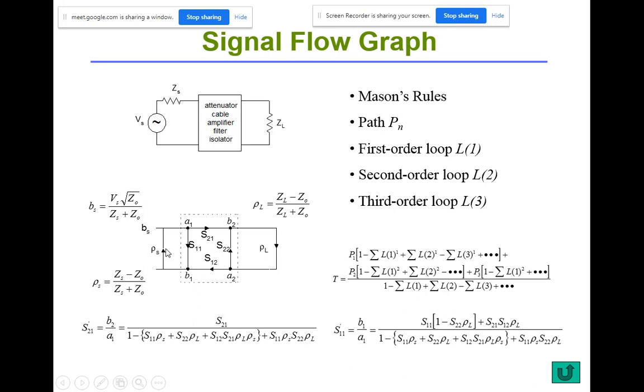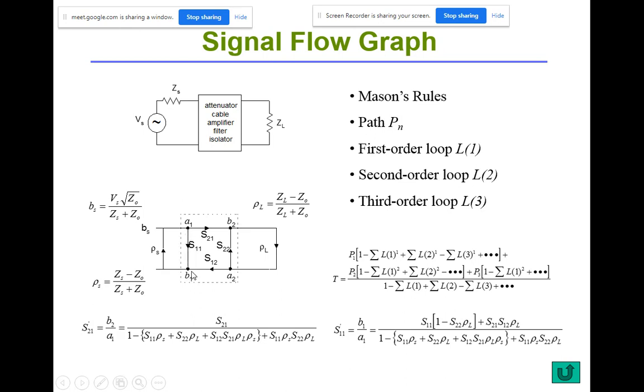All right. Of course, when you connect a signal to the input of the device, if there is an impedance mismatch, you get some reflection. So reflection will give us B1, isn't it? If you input a signal A1, if there is a reflection, you will get B1 being reflected or coming out of the port.